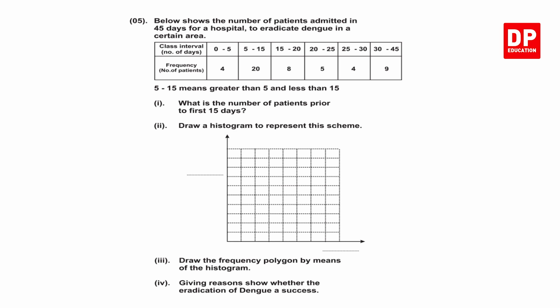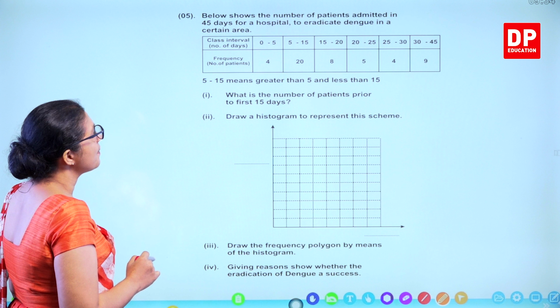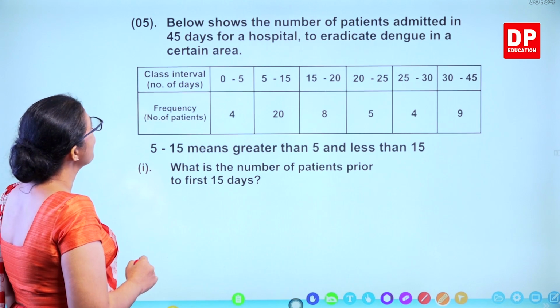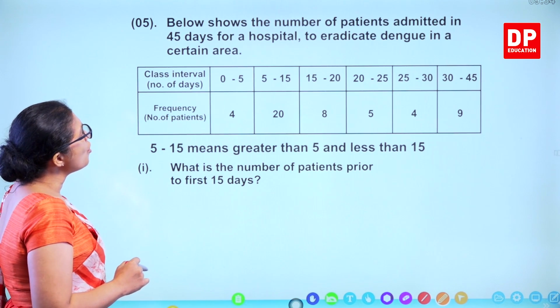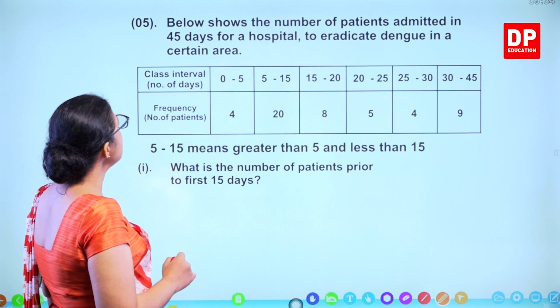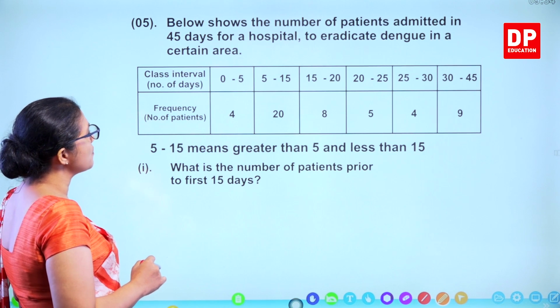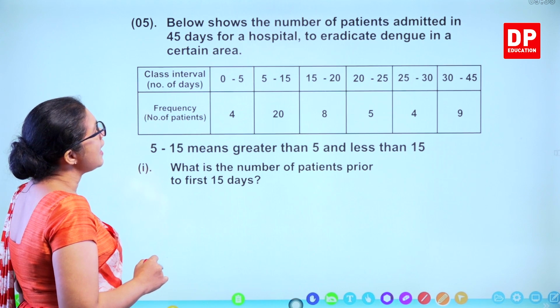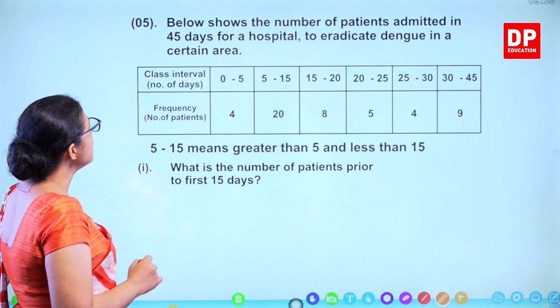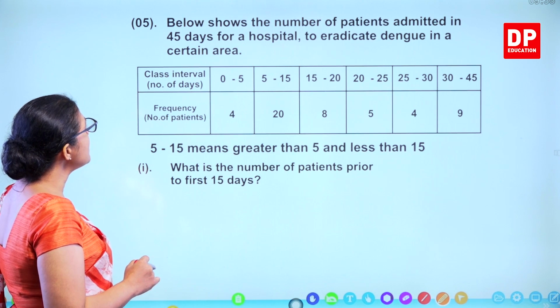We'll look at question number 5. So you are getting a statistics question. You can try this one, and we'll do part by part. Below shows the number of patients admitted in 45 days for a hospital to eradicate dengue in a certain area. So class intervals are given.